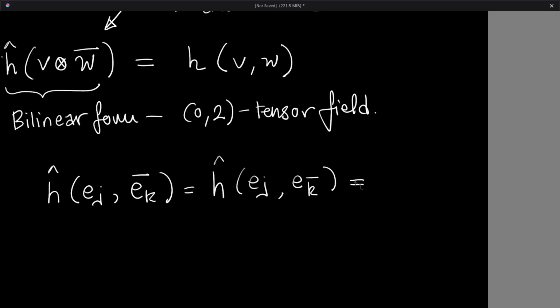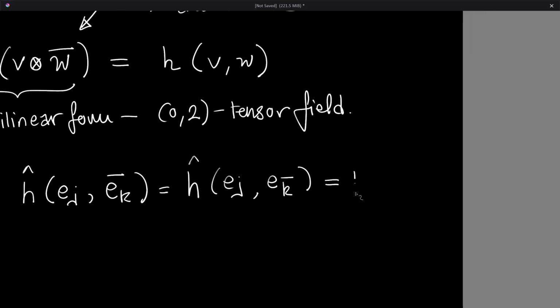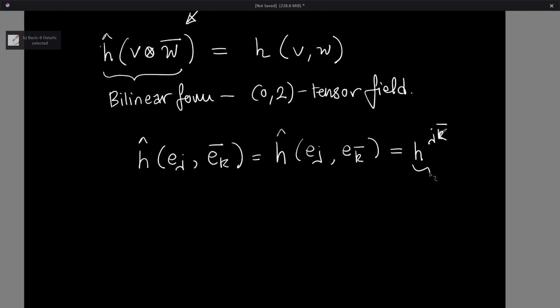Because we are using up both of the slots of our bilinear form. So then we get something that looks like this. So this is the component form of our Hermitian metric.